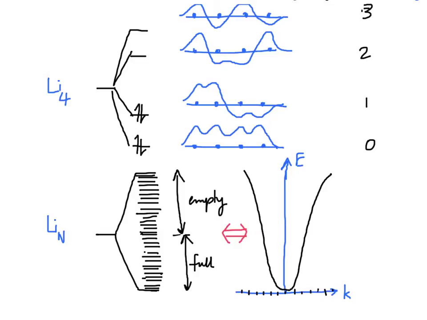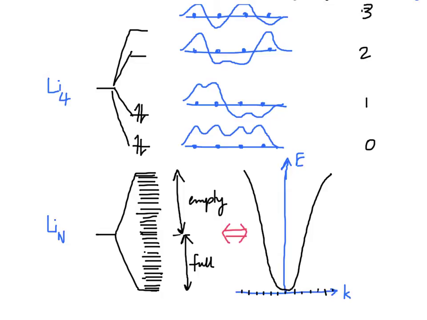Had we included the 2p orbitals as well, we would get additional bands which would lie higher in energy compared to our 2s derived band. This is our 2s derived band. So the 2p derived bands would lie higher in energy, separated by band gaps, of course.